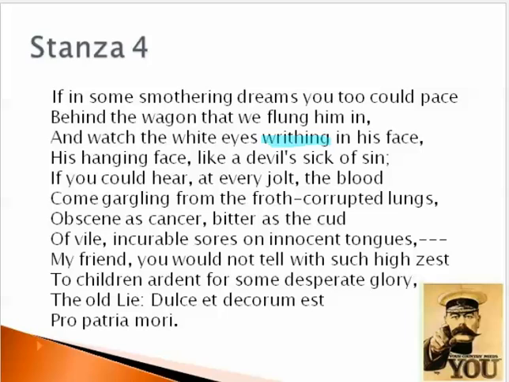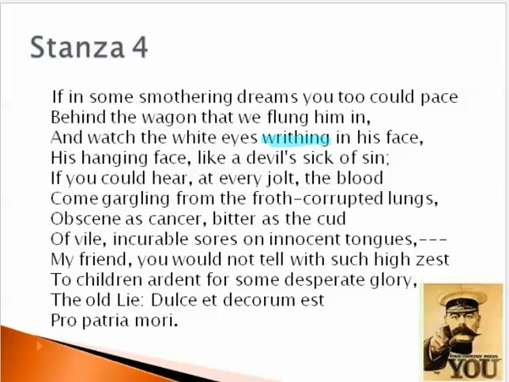Right. We might not know exactly what the definition is, but we get a sense that it's moving in an unpleasant motion. You're right, and actually squirming would work too. A squirming, contorted, kind of twisting motion.